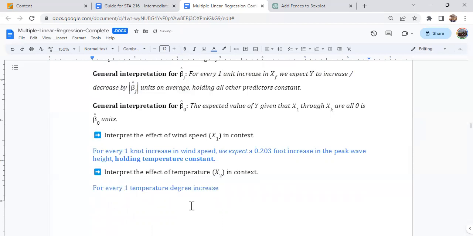Yeah, great. Oh wait, I messed that up. Why am I struggling with that? Okay. Every 1 degree Fahrenheit increase in temperature. Yeah, there we go.